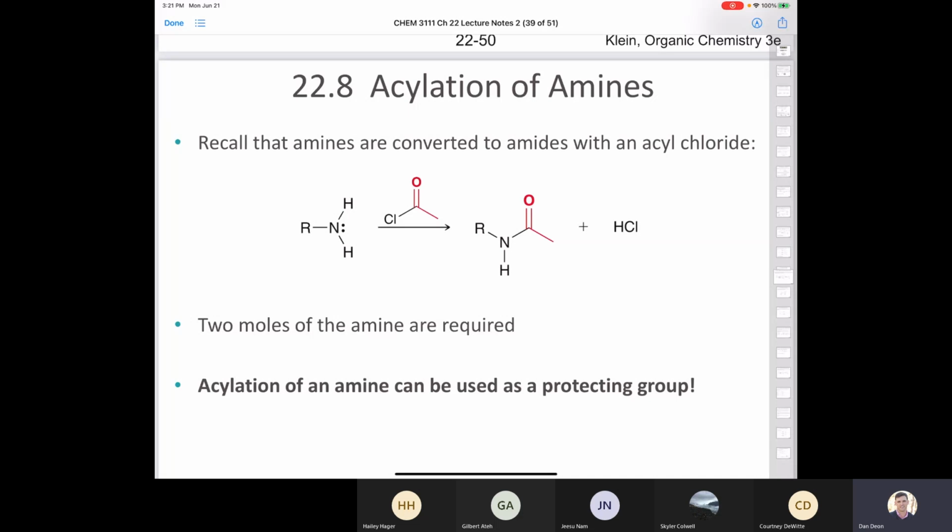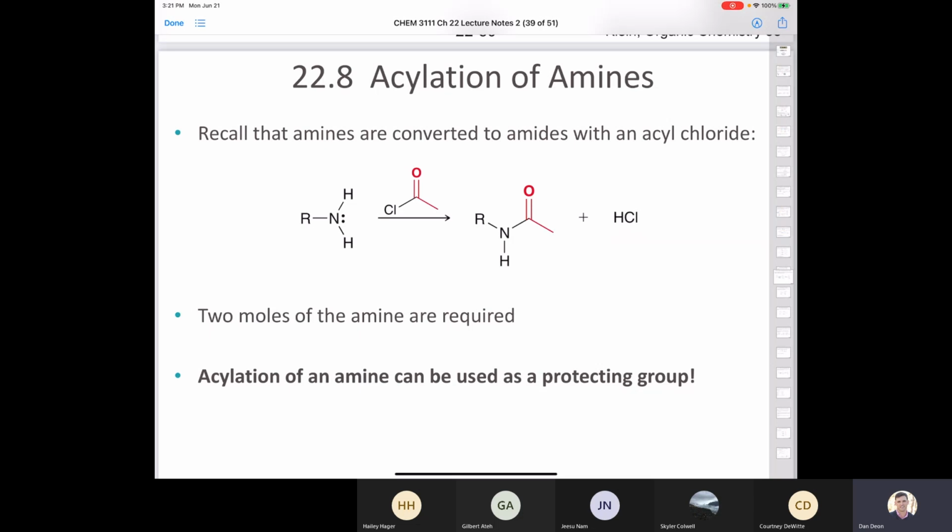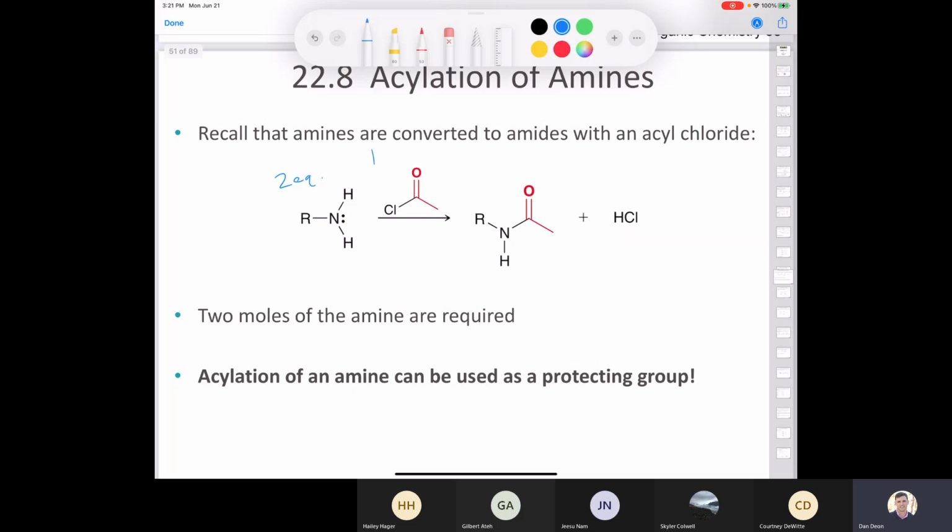Here we go, acylation of amines. This is something that we looked at a lot earlier on when we were talking about amines, and we did this in the carboxylic acid section as well. We said, okay, if you take an amine and you treat it with an acid chloride, we need 2 equivalents of the amine for every 1 equivalent of the acid chloride, right?